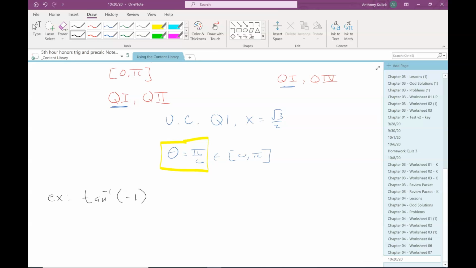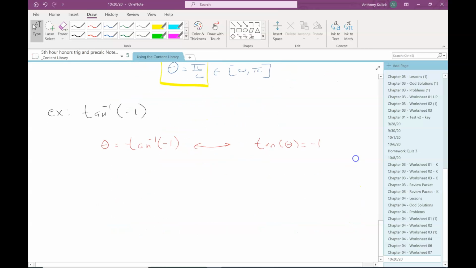So let's say we'll do tan inverse of -1. So again, we'll start by writing out our equivalent statements. So I know that for tangent inverse, the range is from -pi/2 to +pi/2. So that's quadrant 1 and quadrant 4.